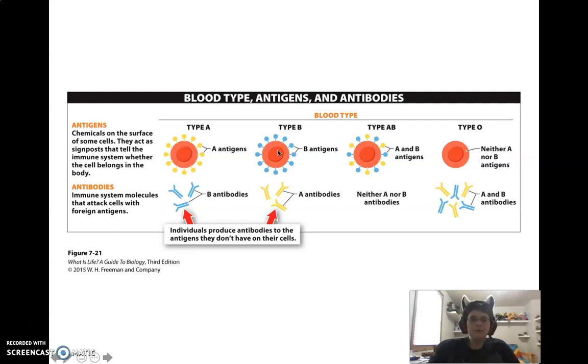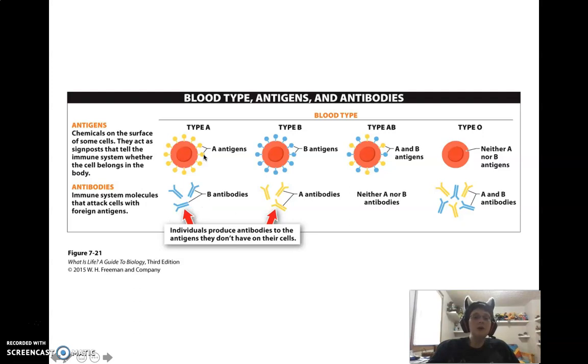Well, this is why. When you inherit your alleles for your antigens, these protein flags that are on your blood cells, you don't just inherit the gene that makes these. You also inherit the gene that makes antibodies.